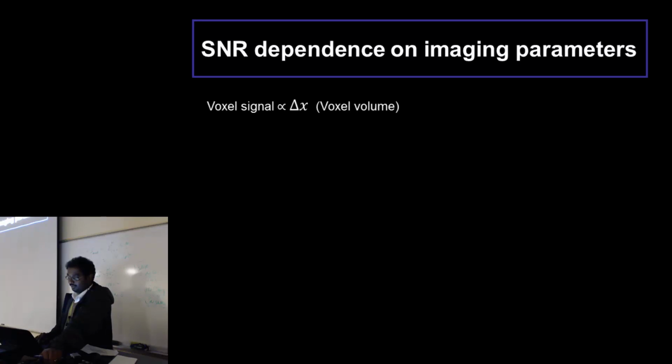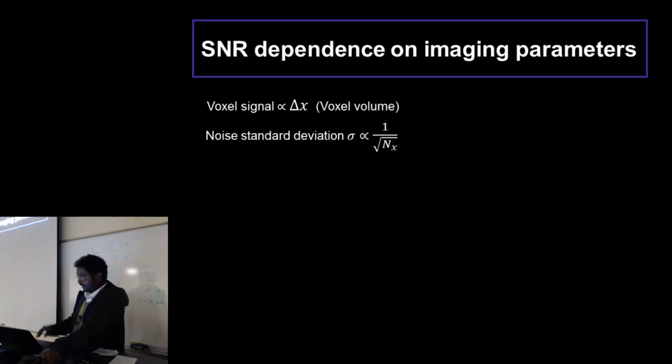So just to summarize what we saw, voxel signal of course is proportional to the volume of the voxel. Then the noise standard deviation sigma in the image domain is 1 by square root of n, the number of sample points, relative to the noise in the K space.